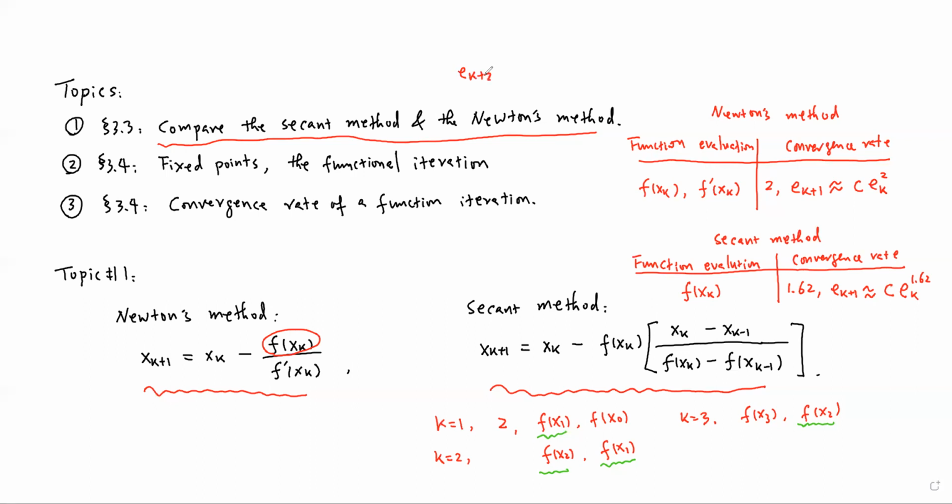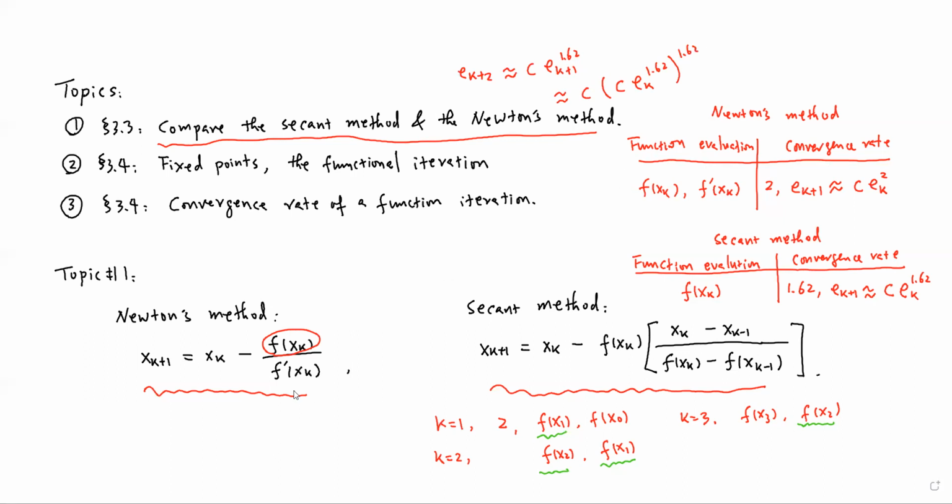Consider e(k+2). The convergence rate for the secant method is roughly a constant times e(k+1) to the power 1.62. But e(k+1) is roughly C times e(k) to the power 1.62, then to the power 1.62.